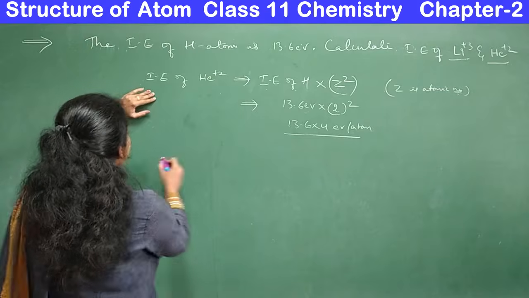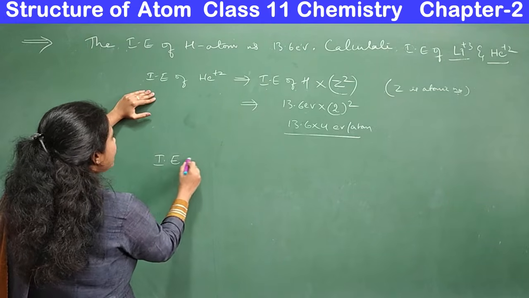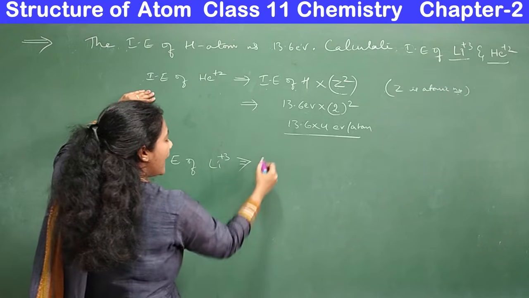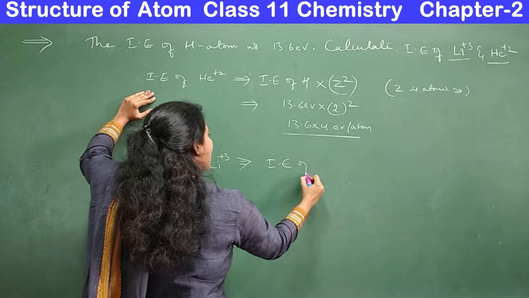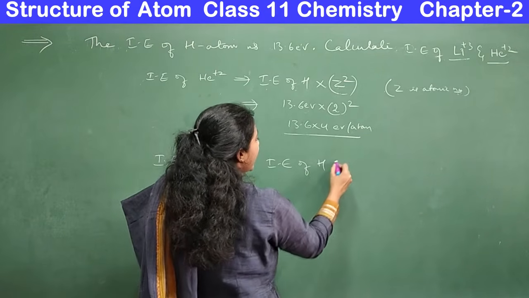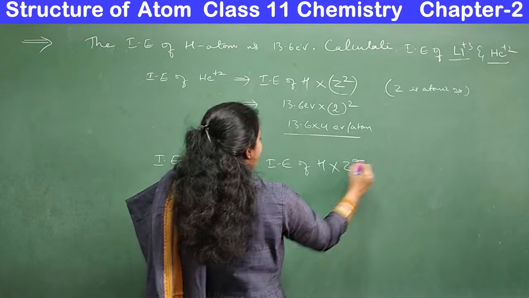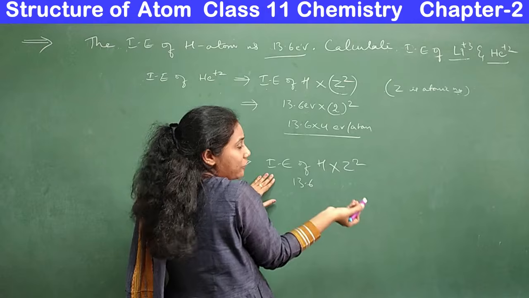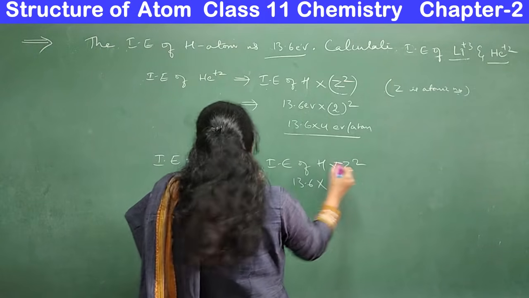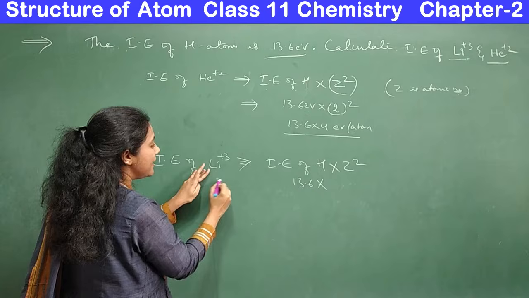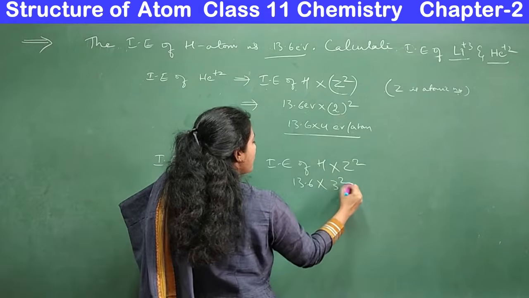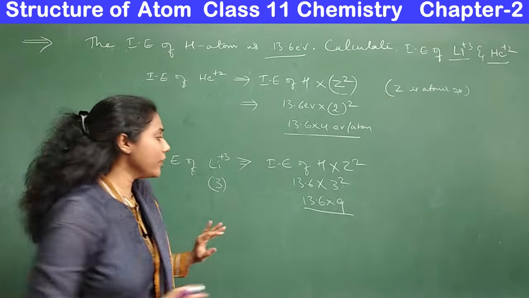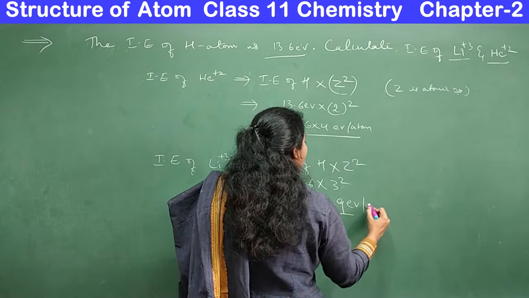Similarly, to calculate the ionization energy of Li plus 3, the formula is the ionization energy of hydrogen into Z square. Its value is 13.6, which is given; you don't have to remember it. The atomic number of lithium is 3, so it is 3 square. That is 13.6 into 9 electron volt per atom.